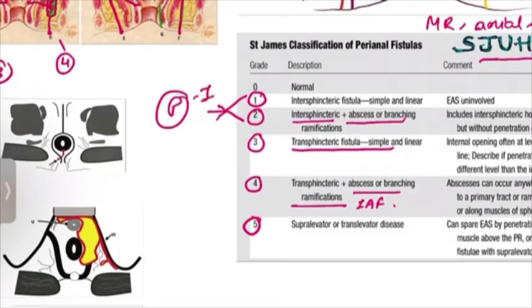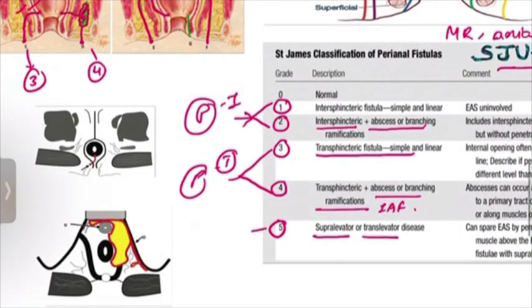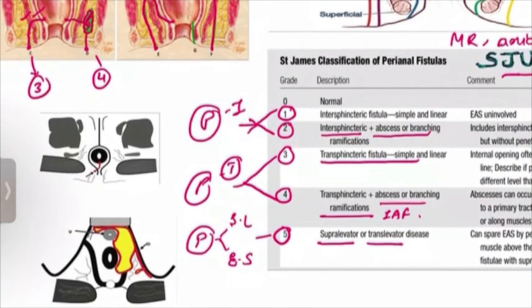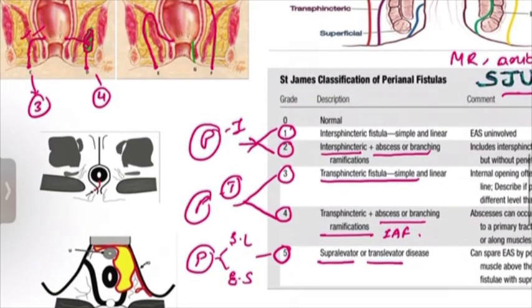Types 3 and 4 are in Park's transsphincteric one, and type 5, the supralevator, in Park's involves both the supralevator and the extrasphincteric. So this is how we can learn about the Park's and the SJUH classification of perianal fistula.